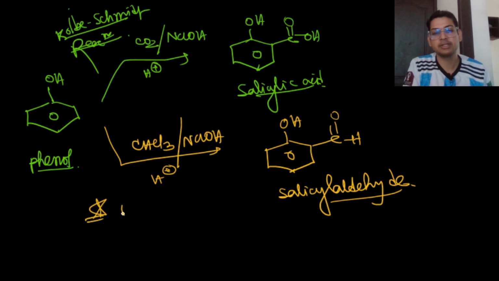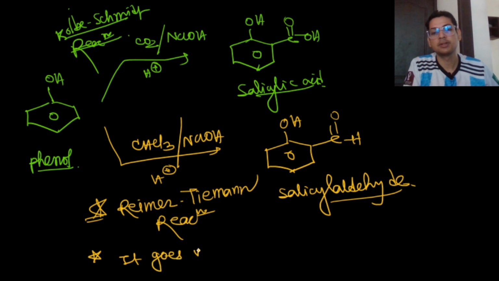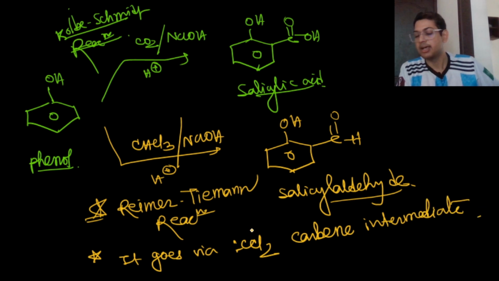This reaction name is the Reimer-Tiemann reaction, and the main factor of this is that it goes via a CCl2 carbene intermediate.